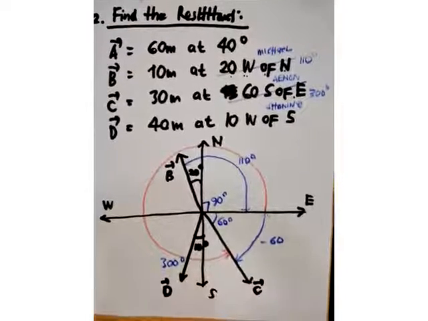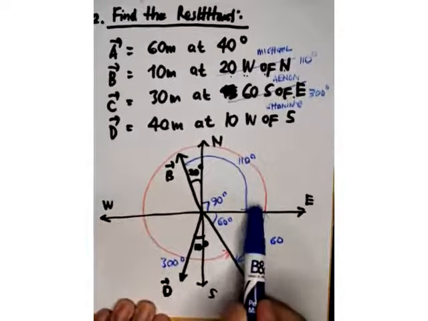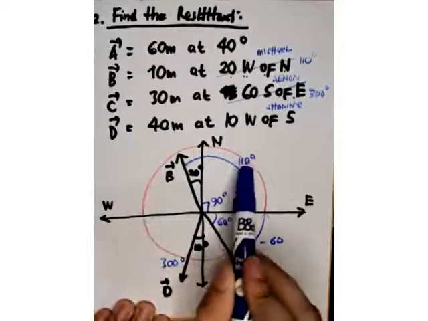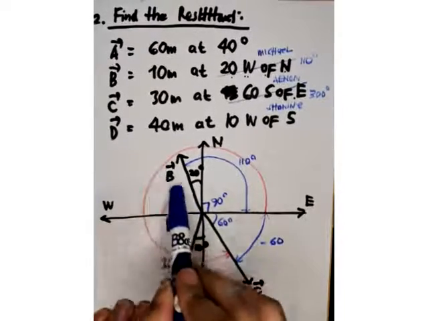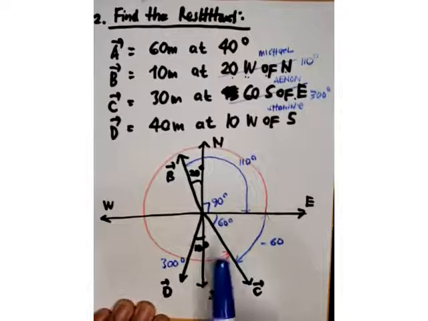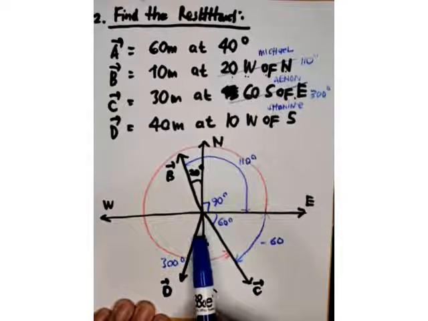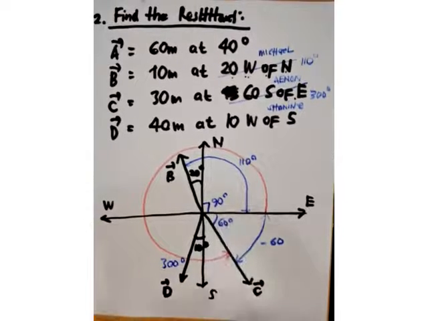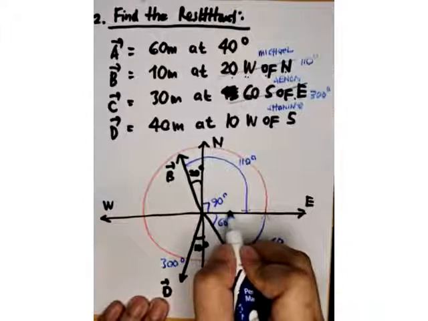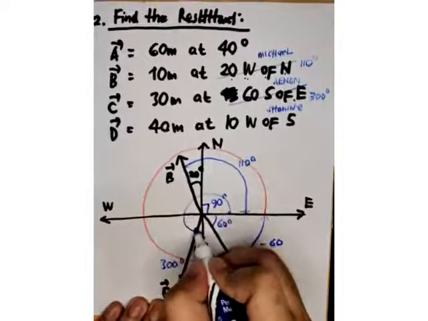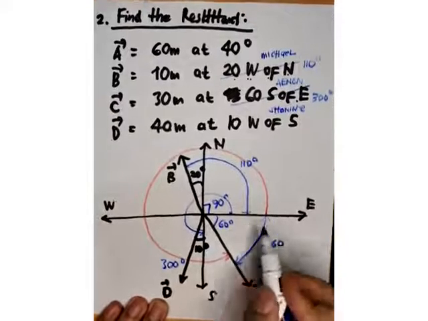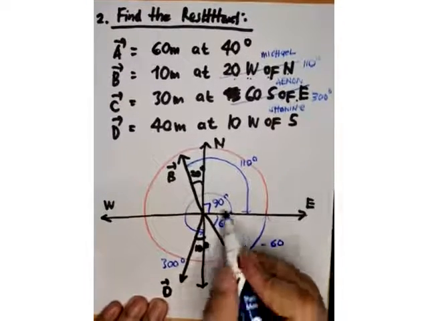Ayan. Ang 120, nasa pagitan lang siya ng 180 tsaka 0. So 110 yon. So parang nandito lang yung 120. So mula dito, o pwedeng mula dito, papunta dito. Sa positive na lang tayo.